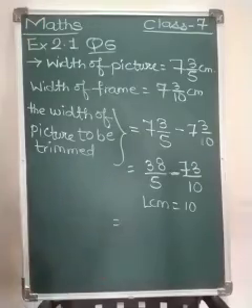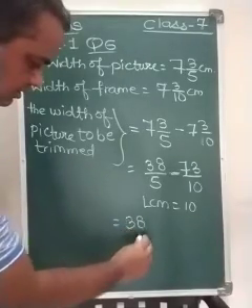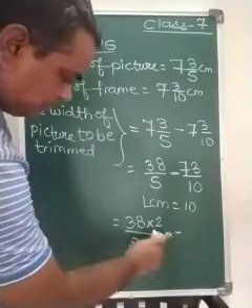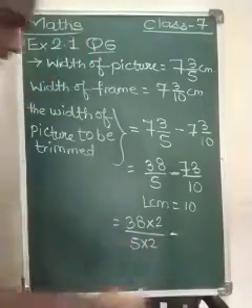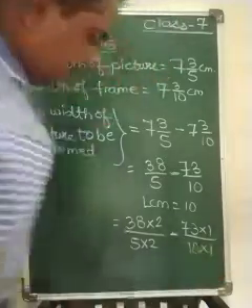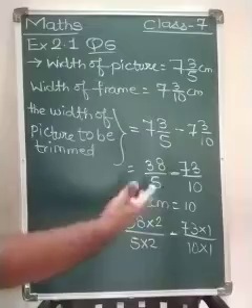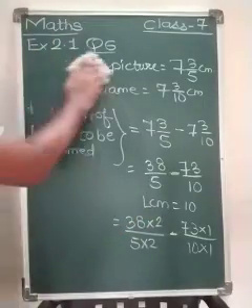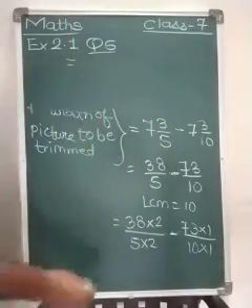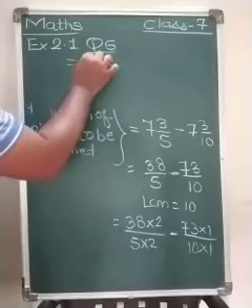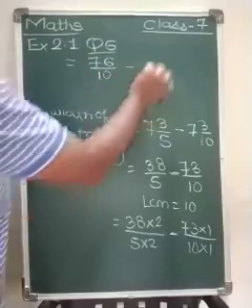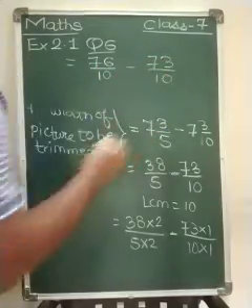So this equals 38 multiplied by 2 upon 5 multiplied by 2, minus 73 multiplied by 1 upon 10 multiplied by 1. Simple subtraction of fractions. So this equals 38 into 2, 76 upon 10 minus 73 upon 10.